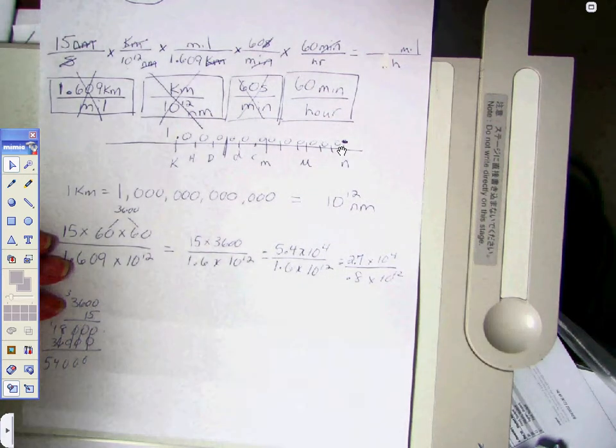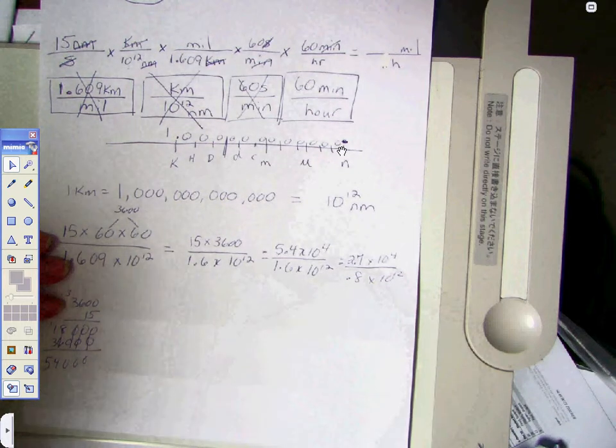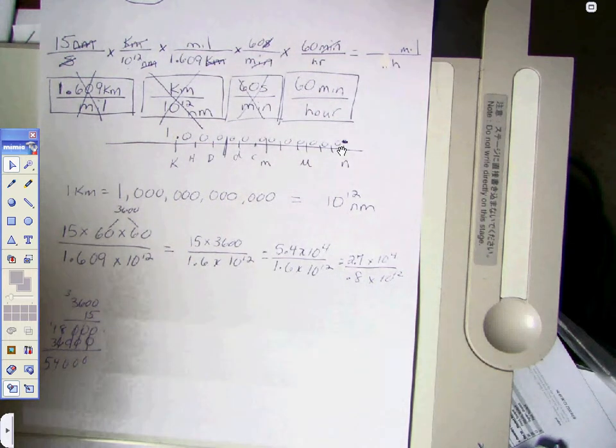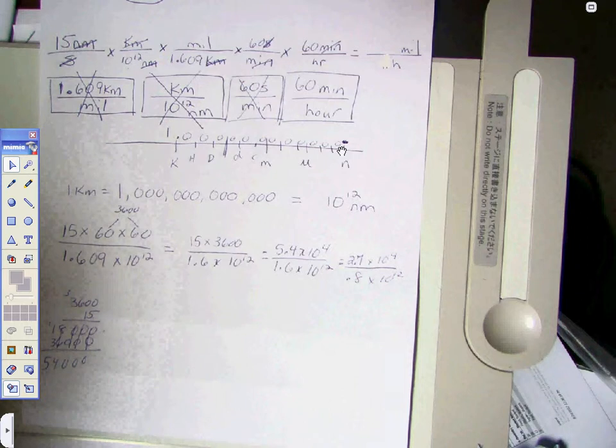Well, from here, I can guesstimate quite a bit. If I had 8 times 3, I would have 24. If I had 8 times 4, I would get 32.